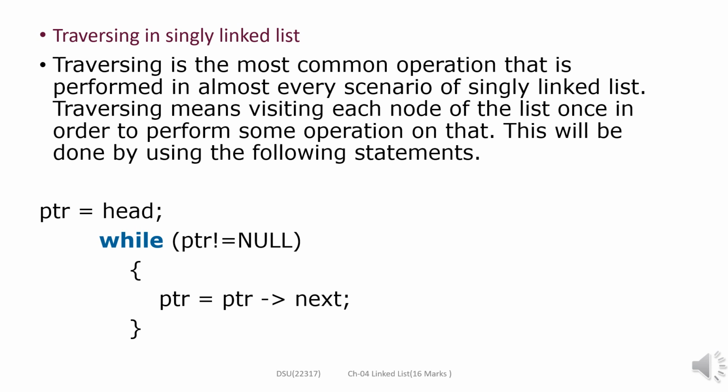This will be done by using the following statements. PTR is equal to head, while PTR is not equal to null, opening brace, PTR is equal to PTR next. The arrow sign is used for the pointer, PTR arrow next, which means it points to the next.